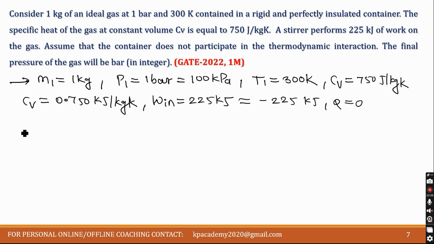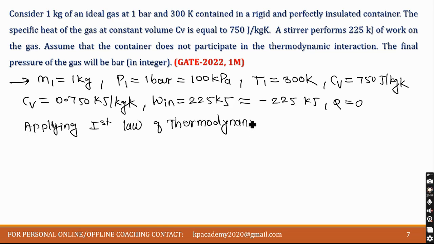Okay. Now, in this case, we can apply the first law of thermodynamics. So what is the first law of thermodynamics?